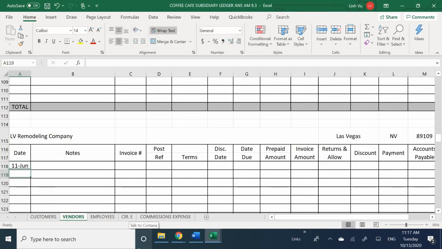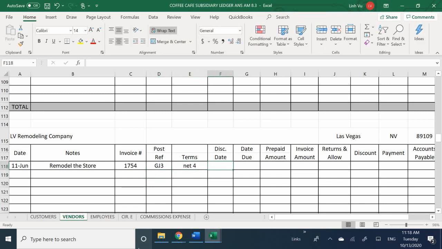So June 11. We didn't make any payments yet, but I do want to make sure I indicate that this is to remodel the store. Okay. Invoice number was 1754. Post reference, general journal number 3. Terms is going to be net 4.